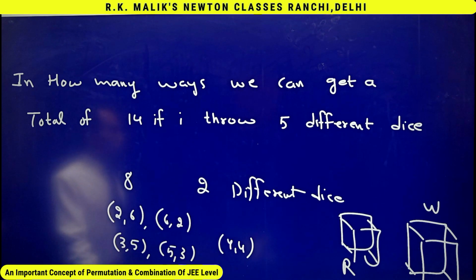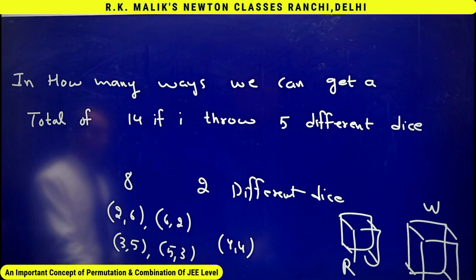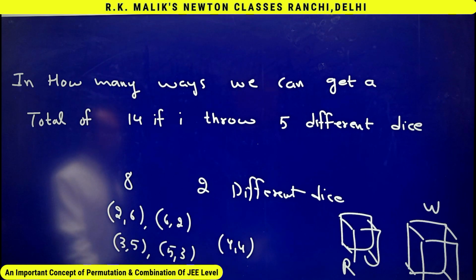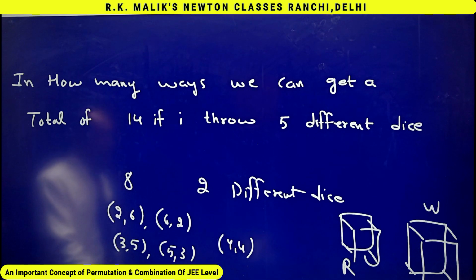I know that most of the students will not be able to digest this, that in most of the questions of probability, even if the dice are identical given by examiner, you will have to calculate the answer supposing that the dice are different. But in present lecture, it's not possible for me to go in the detail of that. I have just told you the difference between approach of identical dice and different dice.